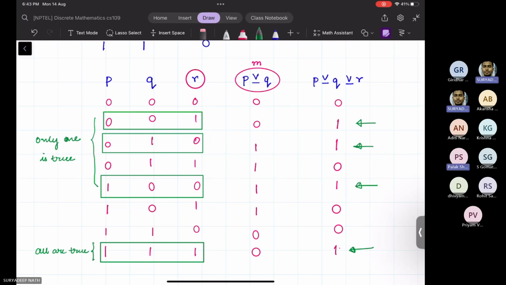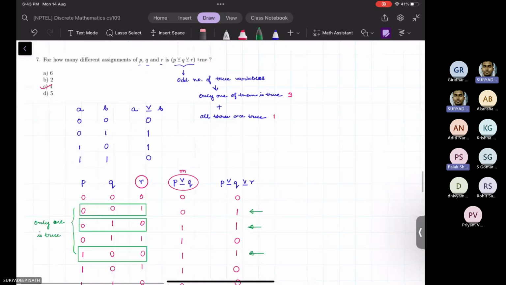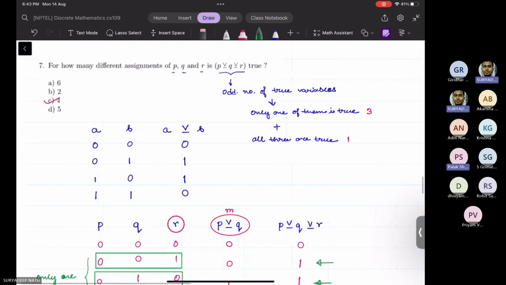So this is how you get the four different cases. And so 3 plus 1 adds up to 4.